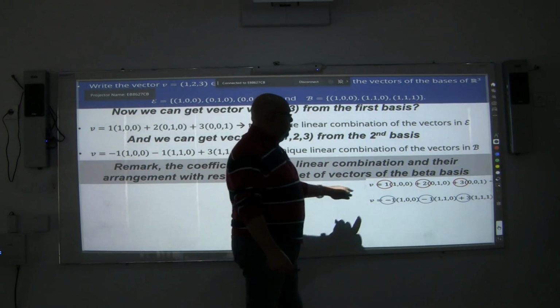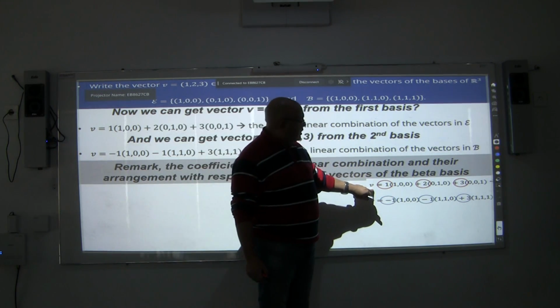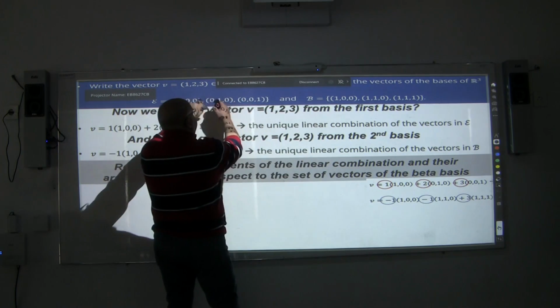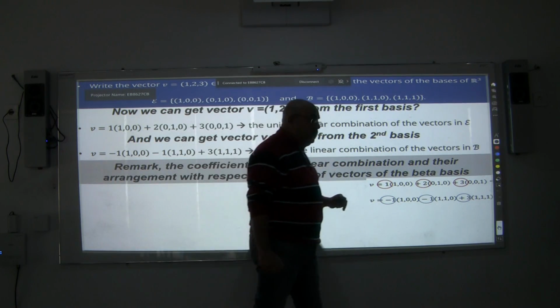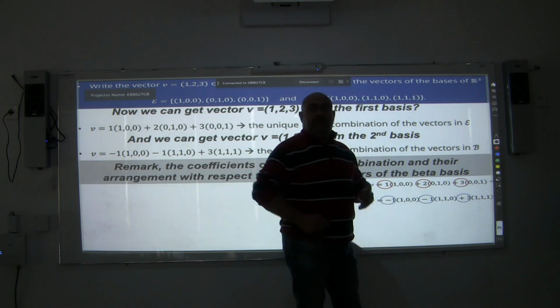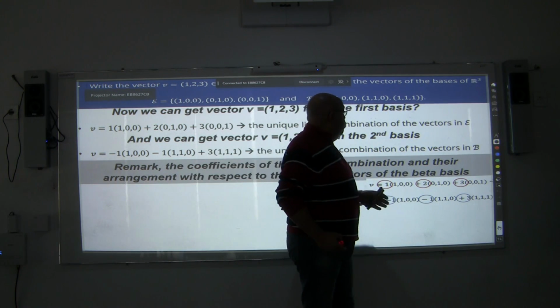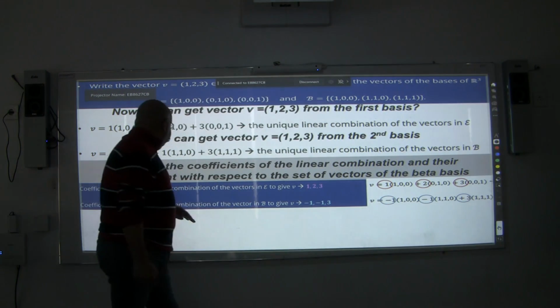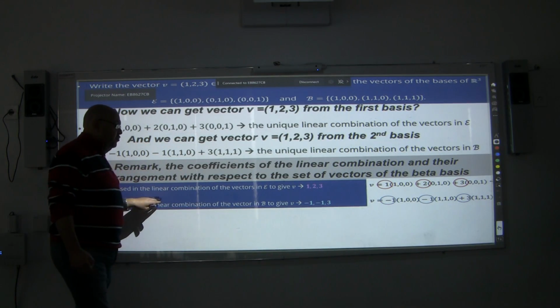This is the formulation of the standard basis, which is 1, 2, 3 times the 3 vectors of the standard or canonical basis. And those numbers are the coordinates that we can use for the basis B. Both of them can be easily written.